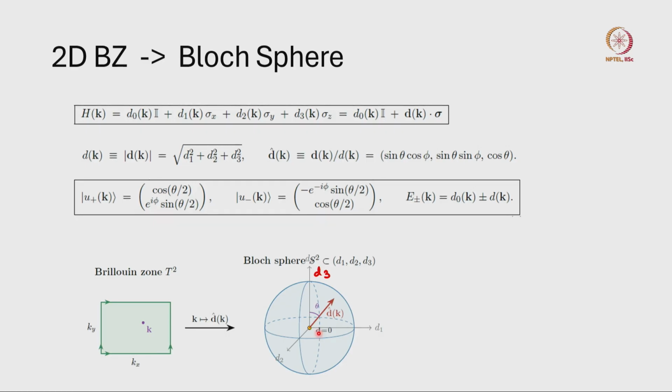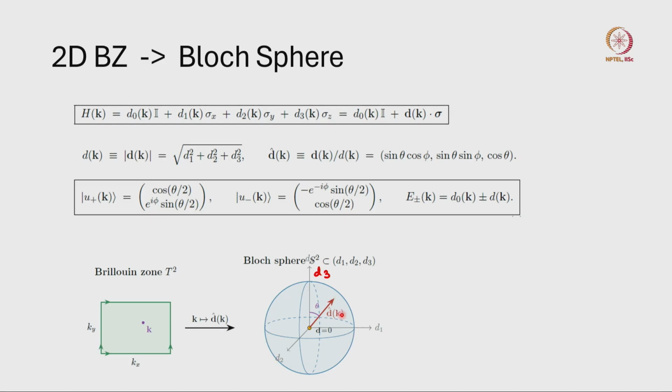Okay. And we also have talked about the 2D Brillouin zone with this direction being identified, this direction being identified gives us the torus, and now this torus is homeomorphic to S2 in the Hamiltonian parameter space.